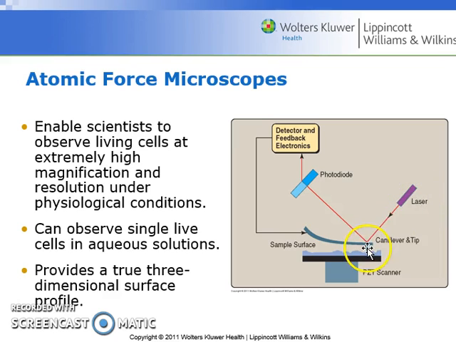Okay, so the laser hits the specimen, and the refraction of that laser is bounced back to the photodiode and captured, and that's going to create the view, enabling us to examine the specimen under the microscope.